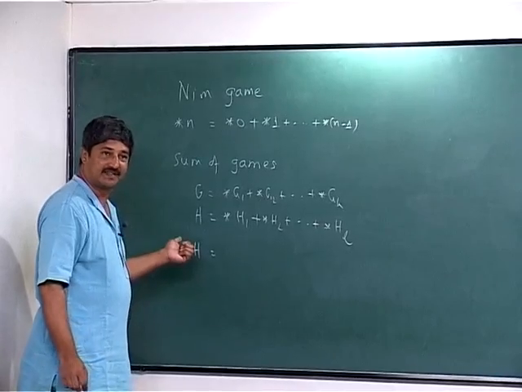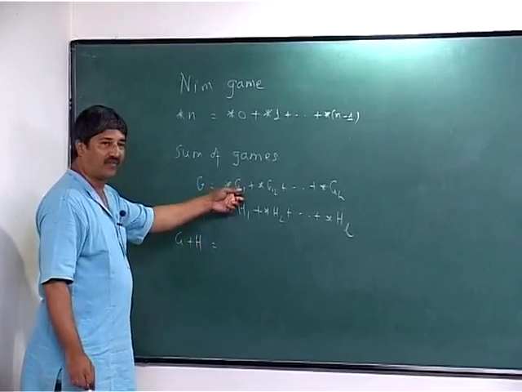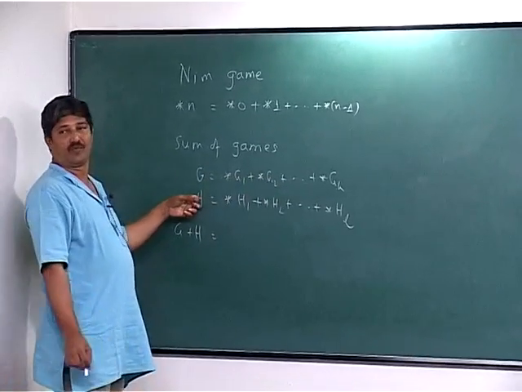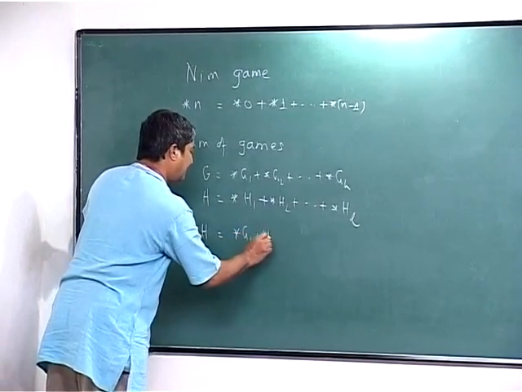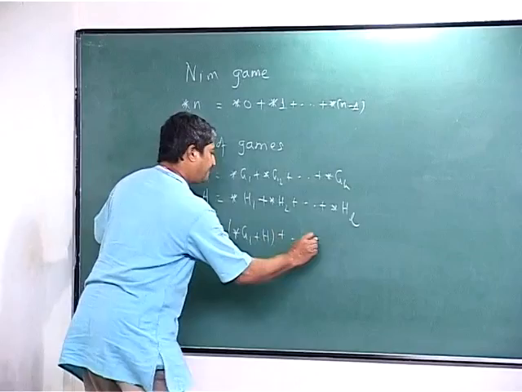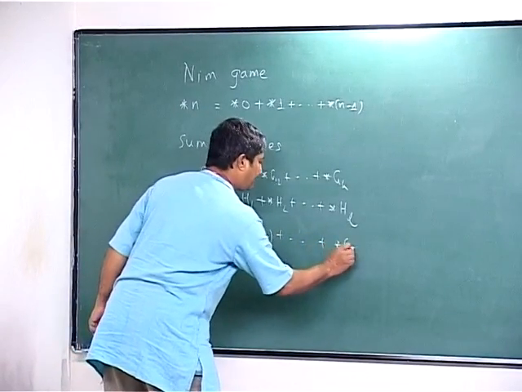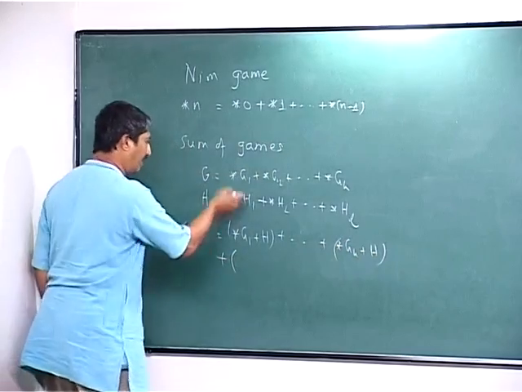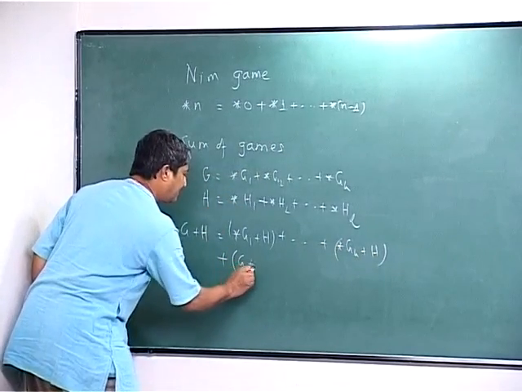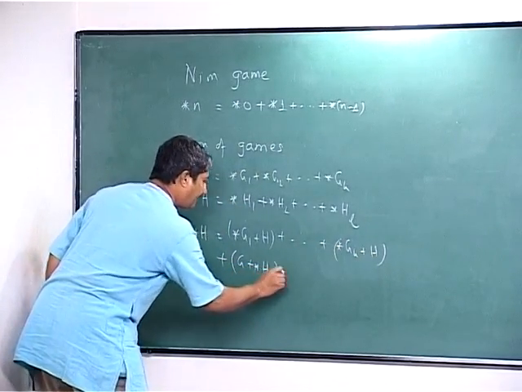What are the options? You can move in any one of these games, so G1 plus H, or you can make a move in one of these games, G plus H1.